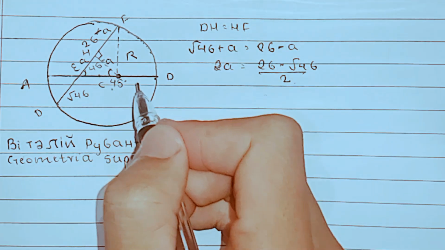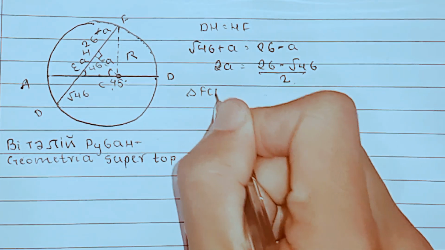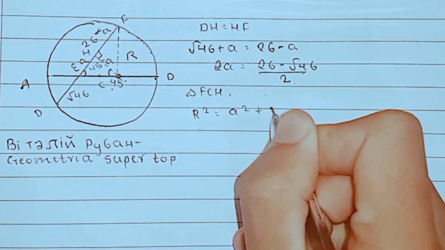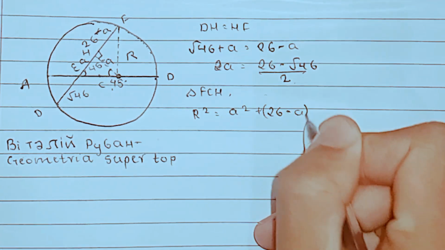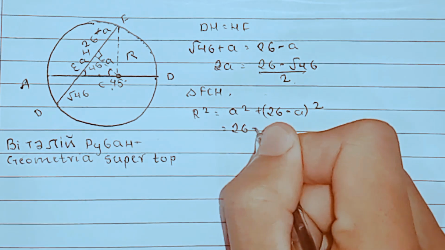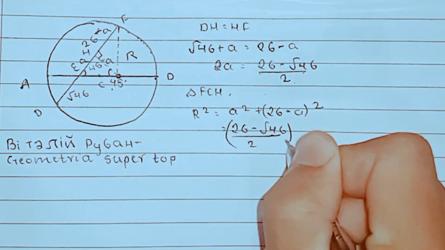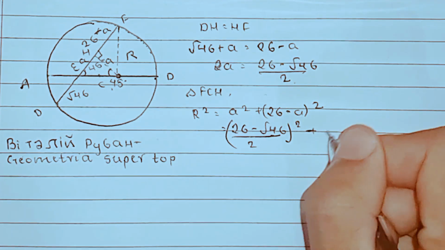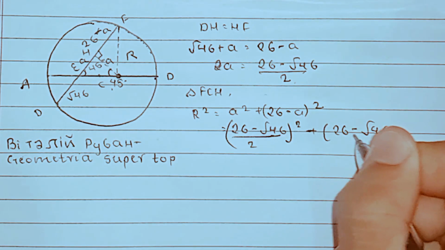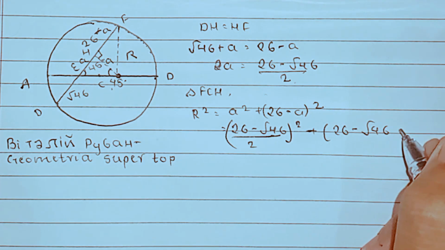Now we will use the Pythagoras theorem in triangle FCH. In triangle FCH, we will get R square is equal to A square plus (26 minus A) whole square. I think I've done a small mistake, okay.